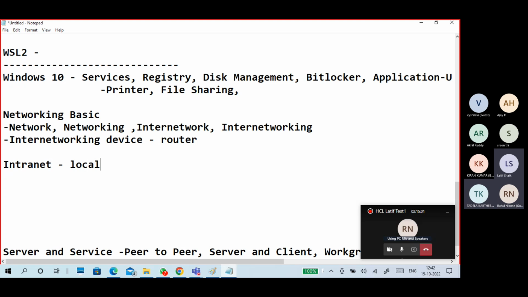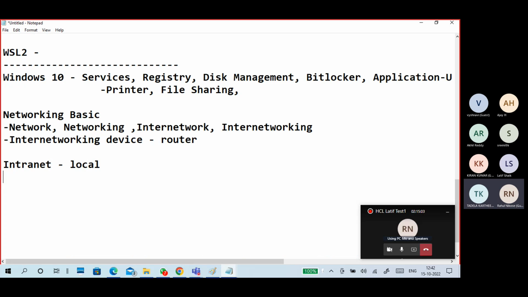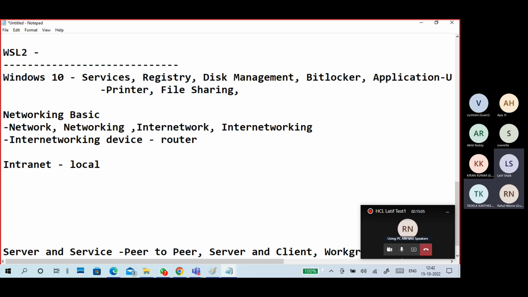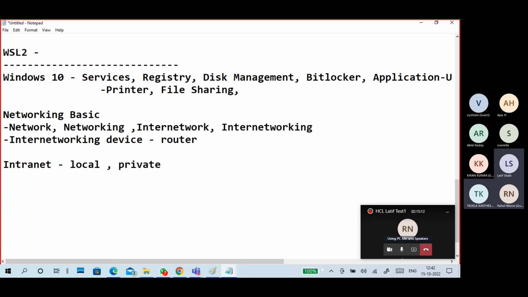It's your local network, your private network. So your server and client are located in the same place, or maybe I have two computers, both in the LAN network. This is an intranet: the local network, private, or a LAN network.